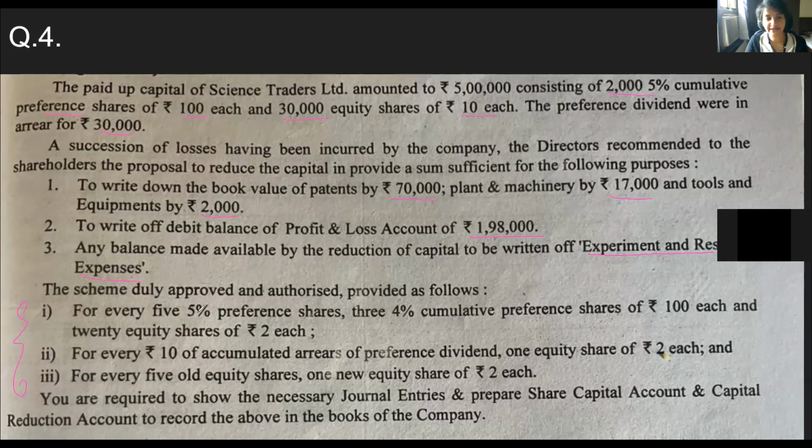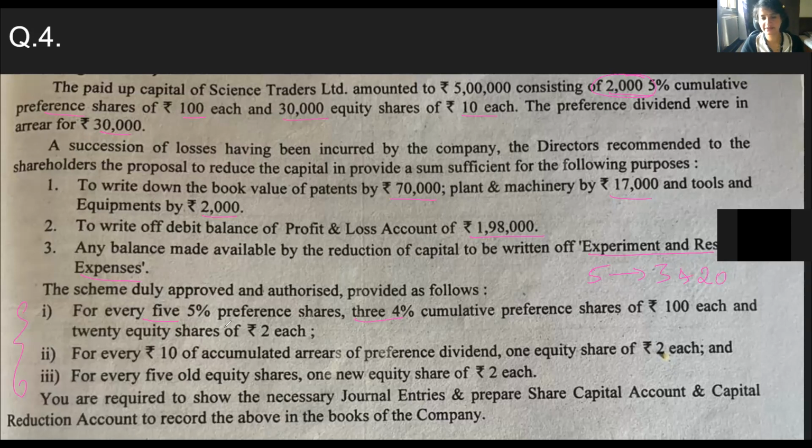Currently we have 2,000 preference shares in total. For every 5 preference shares, 3 new 4% cumulative preference shares are being issued, and along with that they are issuing 20 equity shares of rupees 2 each.